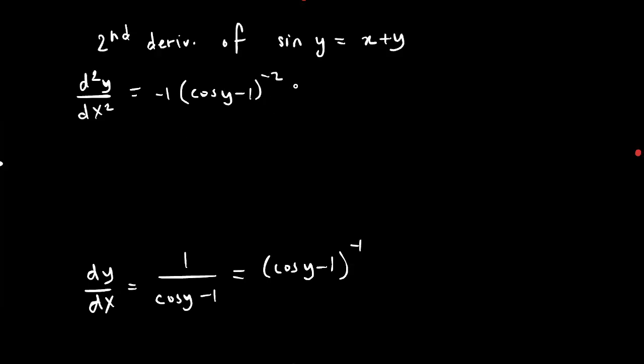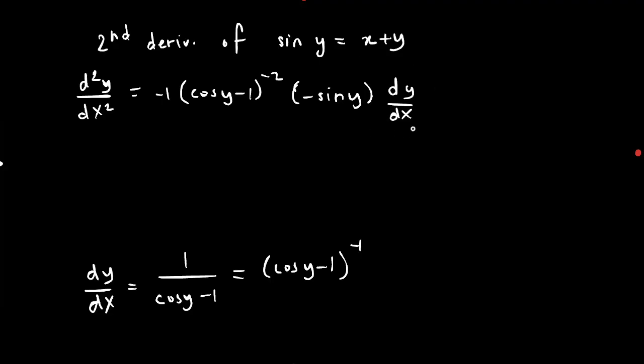Now going inside, chain rule, the derivative of cosine is negative sine y, and the derivative of y, we end up multiplying by dy dx. So hopefully you can see where we're going with this.